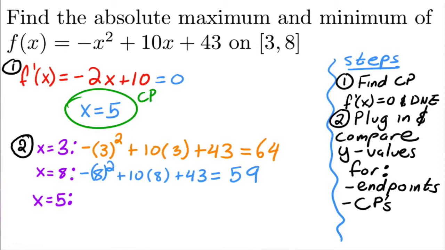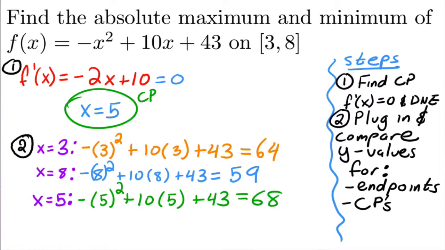And then the last one, x equals 5, I have negative 5 squared. Be careful with that negative. Make sure you don't put it inside of that parentheses. Plus 10 times 5 plus 43, which is 68.